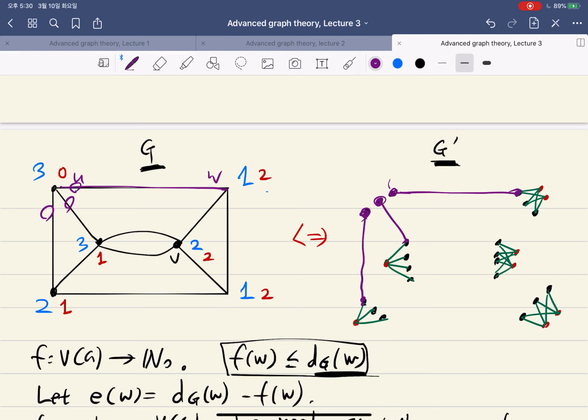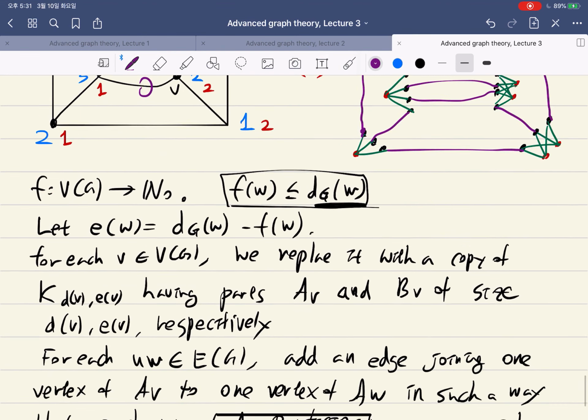Again, these 3 vertices are already used, so we will not use them anymore. So again, there are 3 edges here, so we connect this and this, and this and this. And then here there are 4, and 2 of them are going this way, and the other ones are going here, and here. So we obtain this G prime.